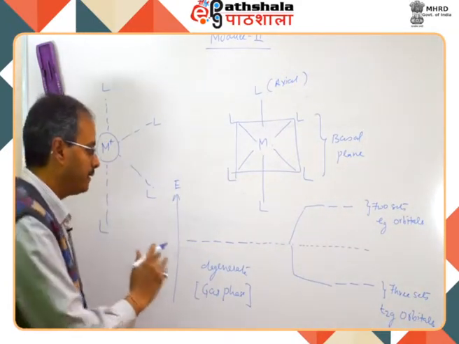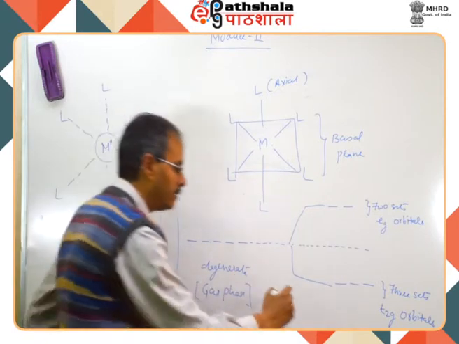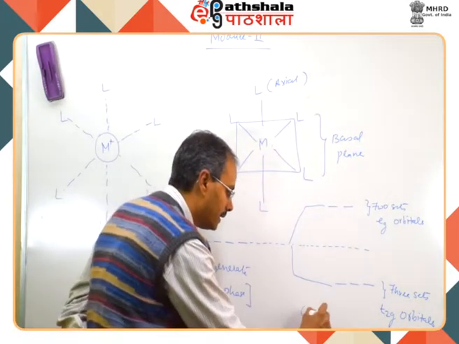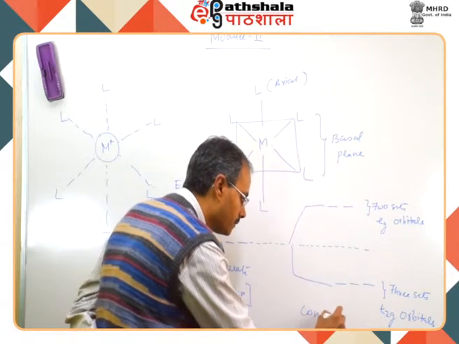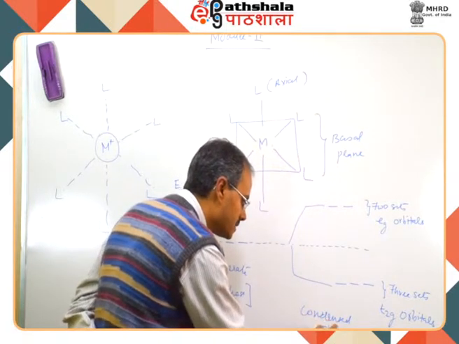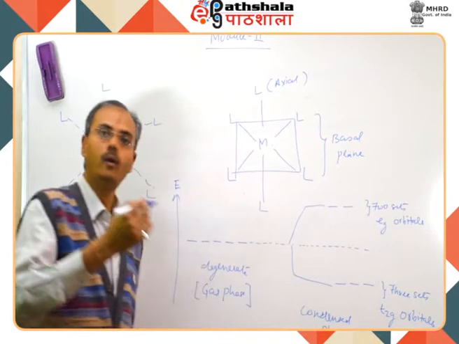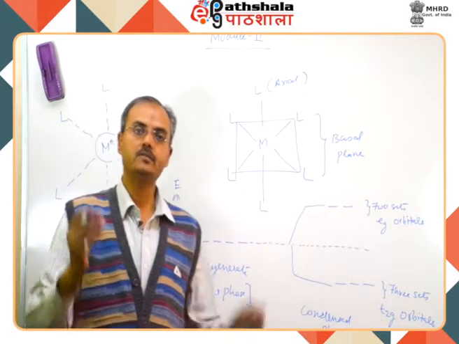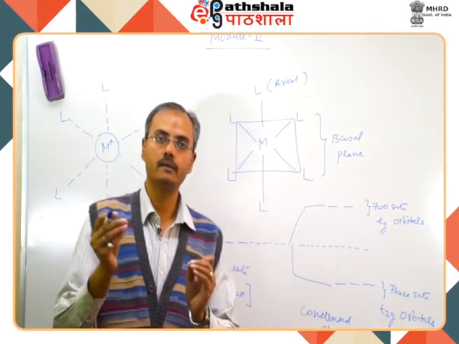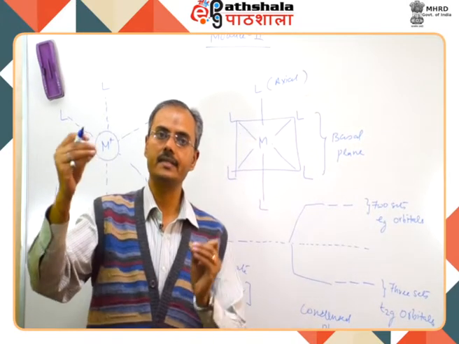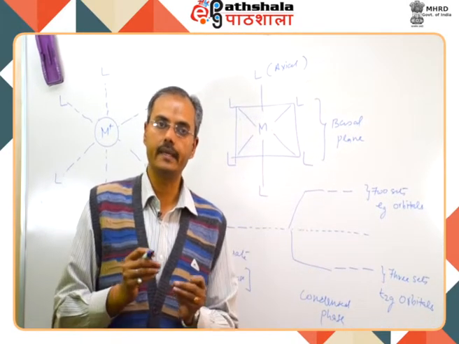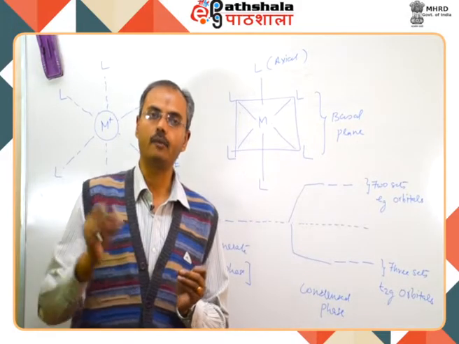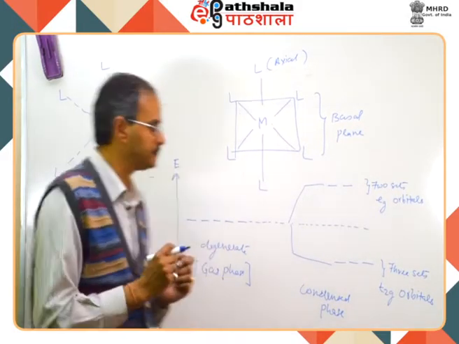Now this is the situation in the condensed phase or in the solution state. That means when the metal ion is no longer in the gas phase, it is under the influence of various ligands approaching the metal ion from all 3 possible directions.